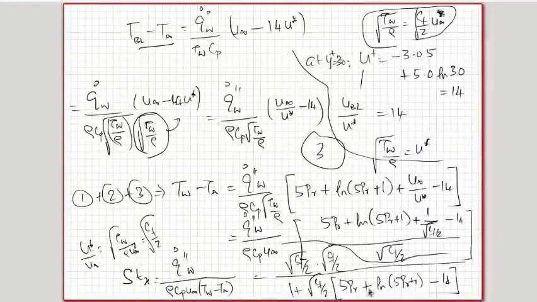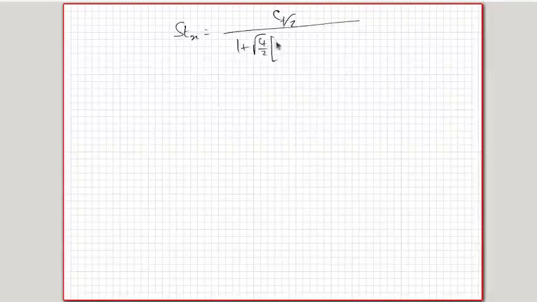This is again, you can see the form is quite similar to what we had seen earlier. So let me just write Stx is equal to Cf by 2 divided by 1 plus square root of Cf by 2 into 5 PR plus log of 5 PR plus 1 minus 14.